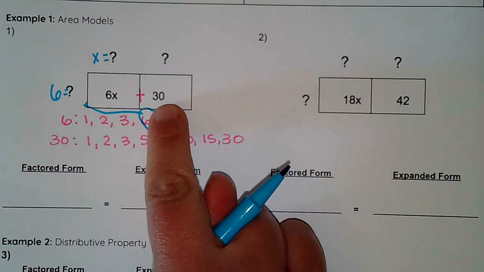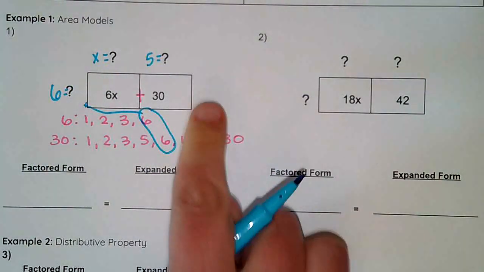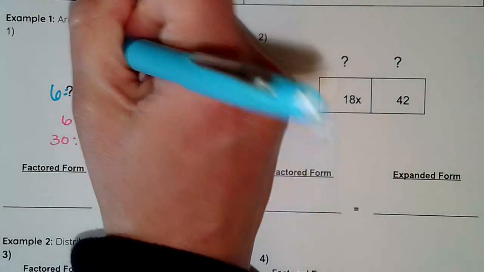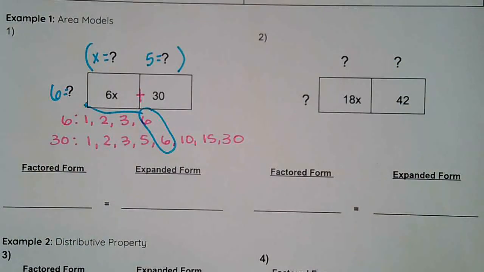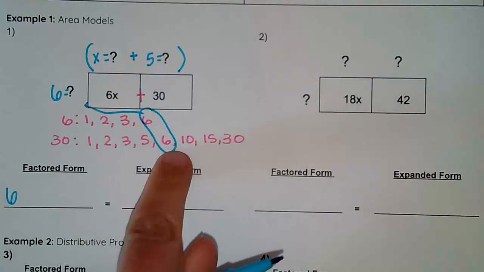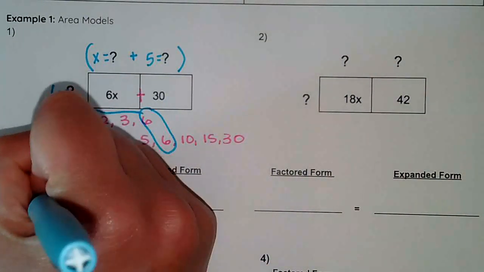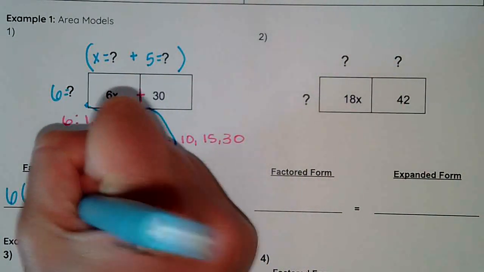And then 30 divided by 6 is 5. Remember, this top part is in a group inside those parentheses. So I've got 6 outside, and I'm left with x plus 5 inside of my parentheses.